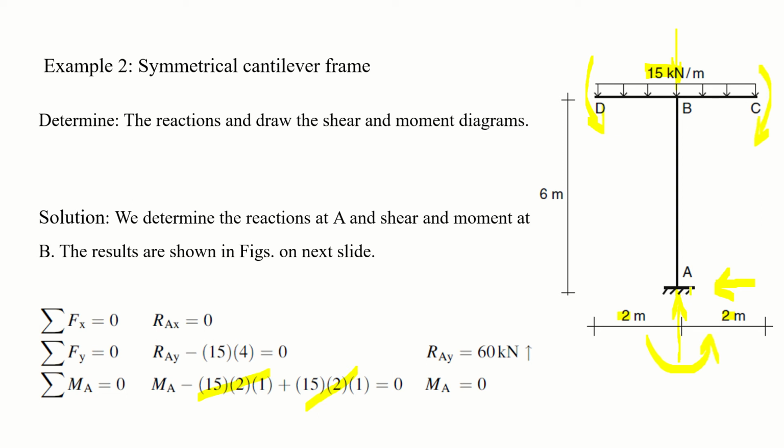So this case is different from the previous case. In the previous case there was no reaction in the horizontal direction, but there was 30 kilonewton in the vertical direction and 30 kilonewton meter bending moment. But here there is 60 kilonewton of force in the vertical direction and the bending moment is 0. So this is the main difference. Okay.